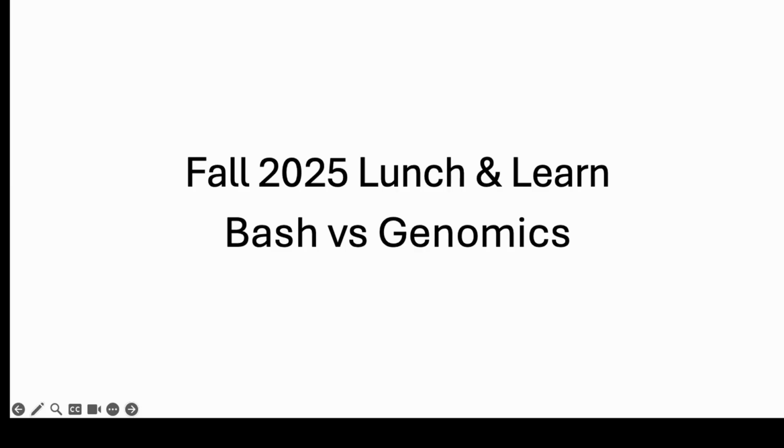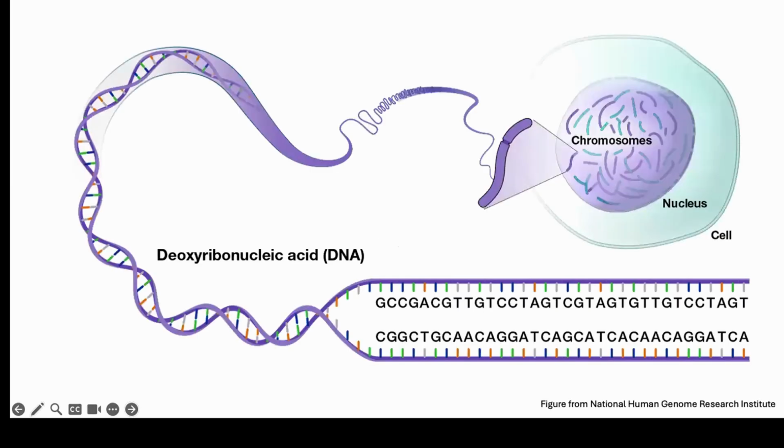Okay, so the reason that I use BASH is because I'm really interested in understanding genetics. I think many of you are familiar with the idea that all living things are made up of cells. And in those cells, there's genetic information.